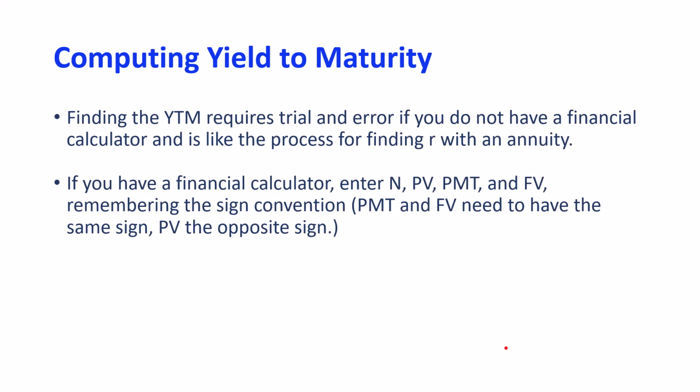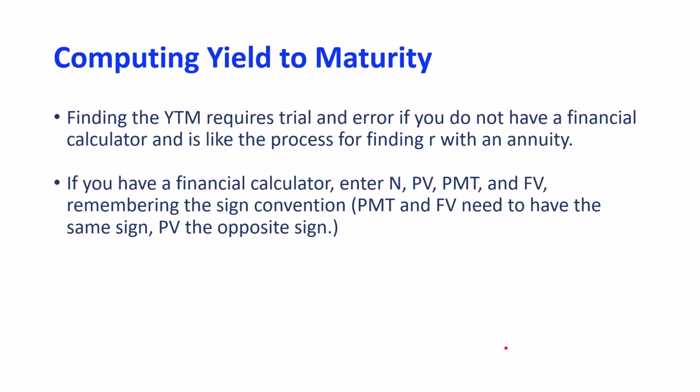So finding the yield to maturity usually requires trial and error, meaning that you would guess a rate of return, and you find the present value of the future cash flows using that guess. And if the present value of those future cash flows end up to be the price, then that's your yield to maturity.